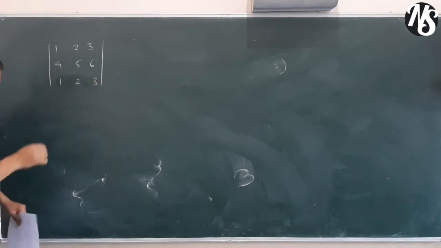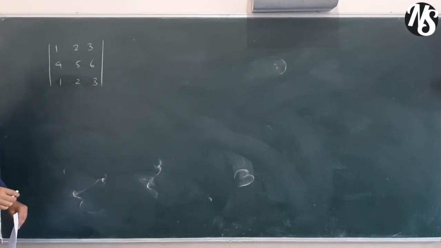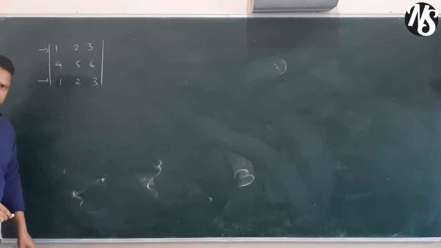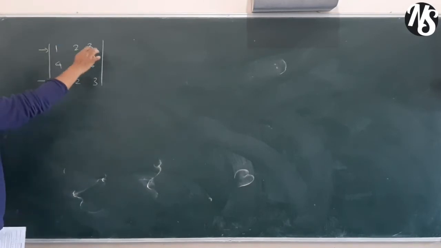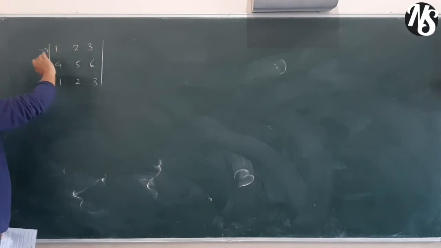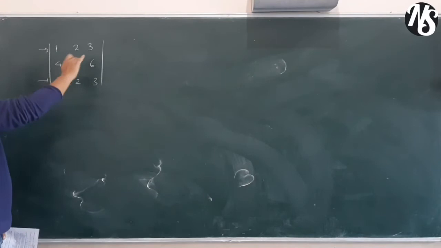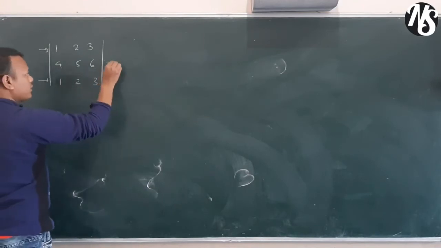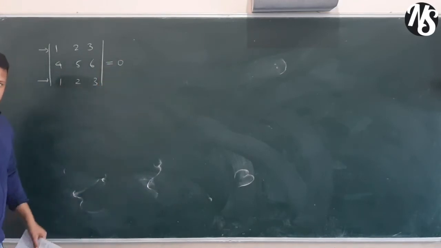Now in this determinant, what can you observe? You observe that first row and second row are identical, isn't it? This can happen in the columns also, but I am just showing you using the rows. So if any two rows are identical, then the value of this entire determinant will be equal to 0.